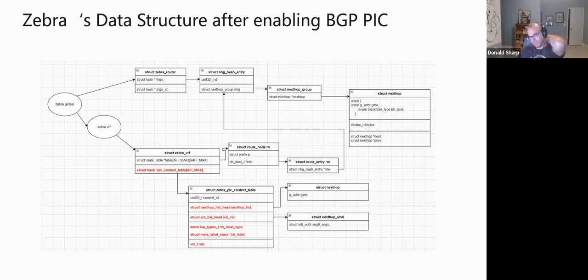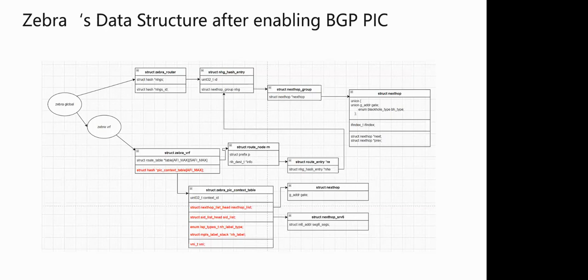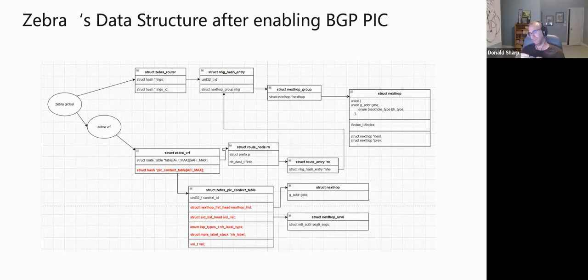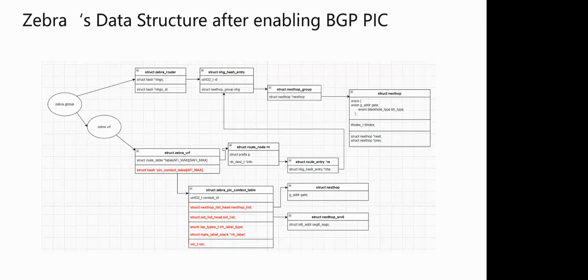So the question is, for global, are you proposing that we still create a Zebra VRF context with a special VRF ID and use the same model, or are we going to extend the global data structures also to include the PIC construct?